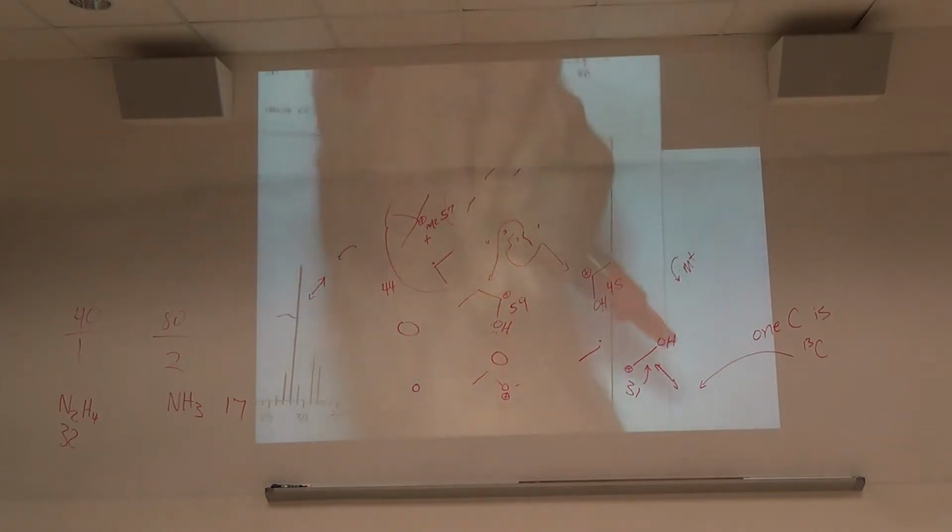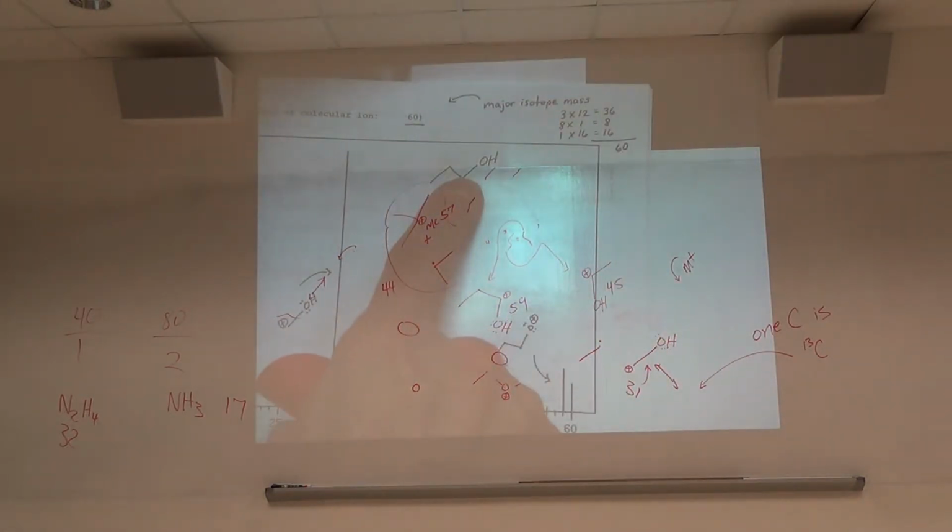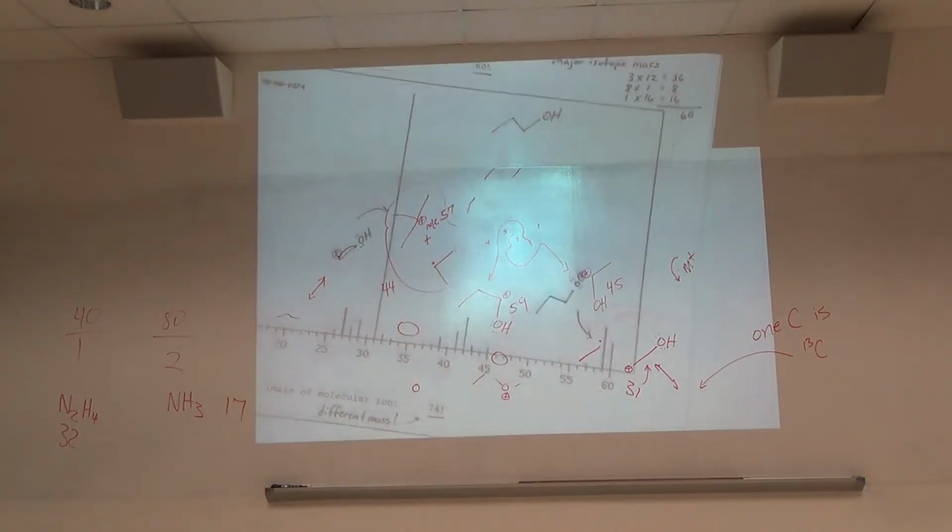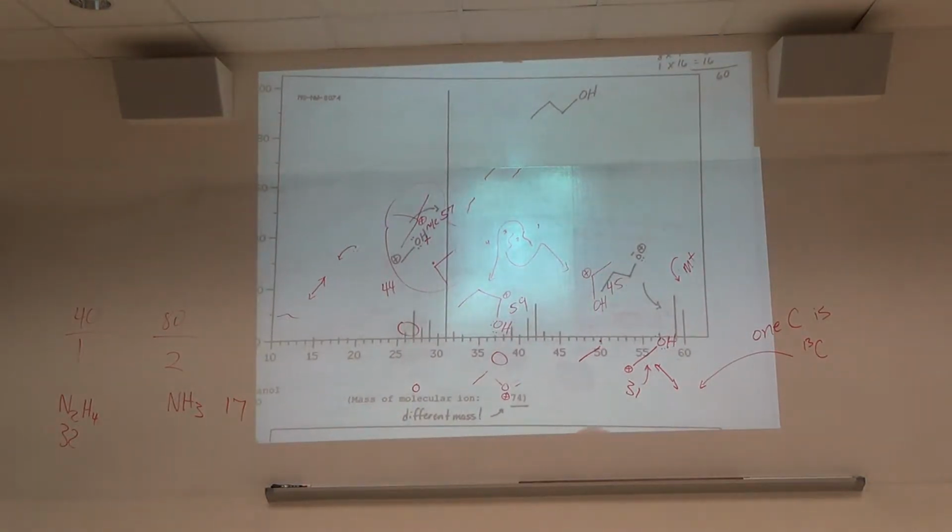Now, of course, we have structures here. What if you didn't have the structure? How would you approach this? You would look at the numbers. What would be your molecular ion? Pretend you don't have a structure. Which peak is your molecular ion?